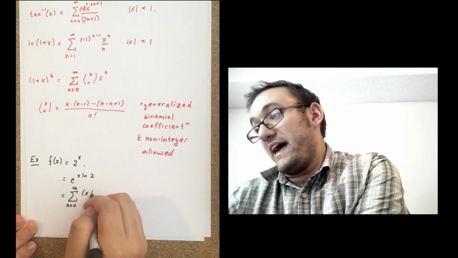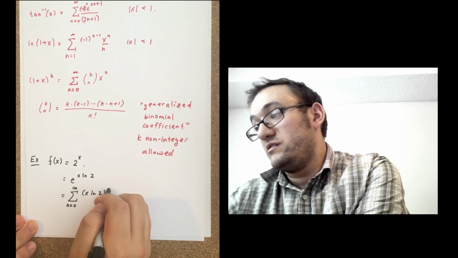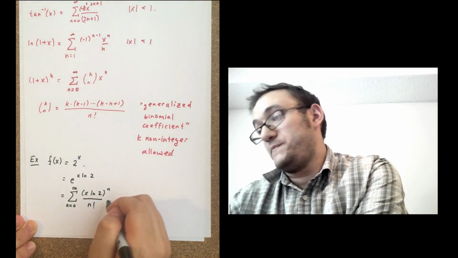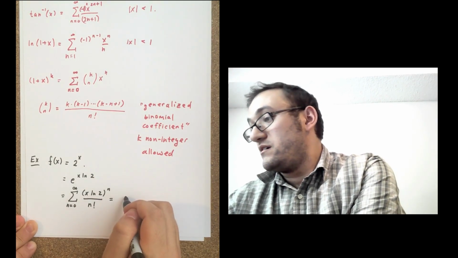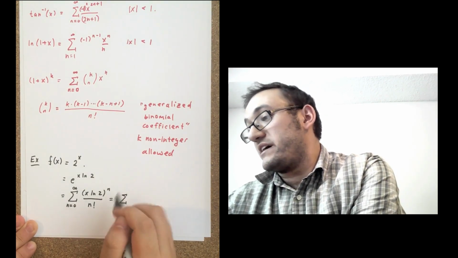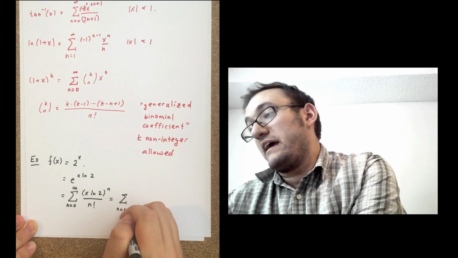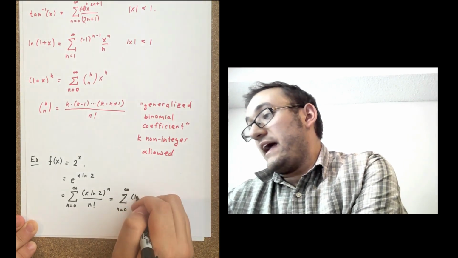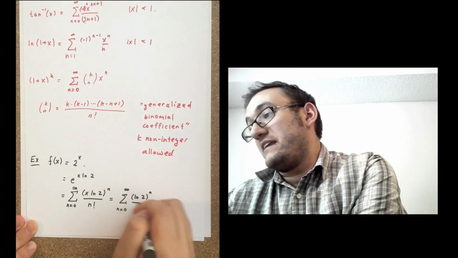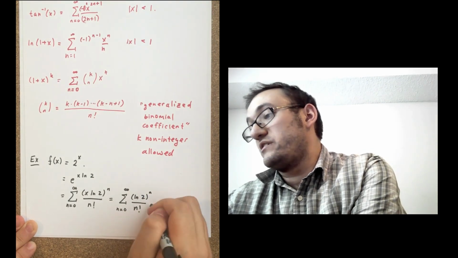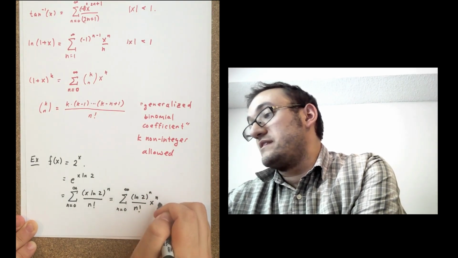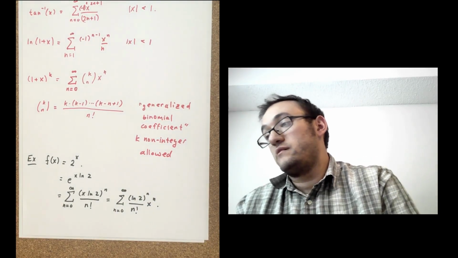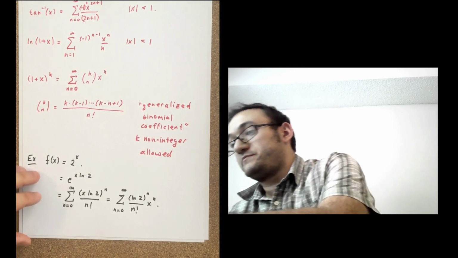So here it'll be (x ln 2) to the n over n factorial, which I can simplify by distributing the exponent to get the sum from n equals 0 to infinity of (ln 2)^n divided by n factorial times x to the n. Okay, and that's the Maclaurin series for 2 to the x.